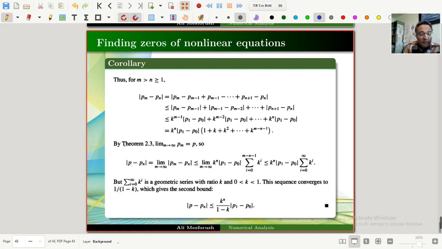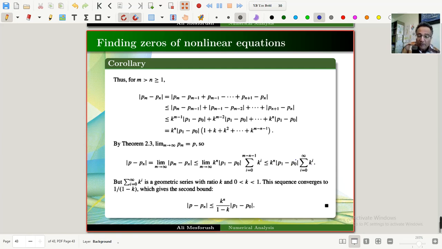So we know that by the theorem, if m goes to infinity, p_m goes to p. So the absolute value of p minus p_n should be the limit as m goes to infinity of the absolute value p_m minus p_n, which is less or equal k^n absolute value p1 minus p0 times the sum from i equals 0 to m minus n minus 1 of k^i, and it's less or equal k^n absolute value p1 minus p0 times the sum from i equals 0 to infinity of k^i.